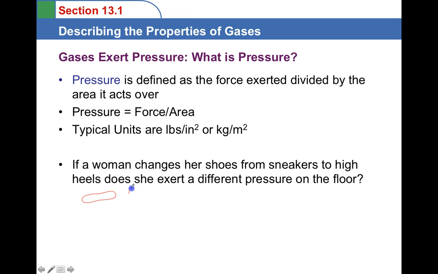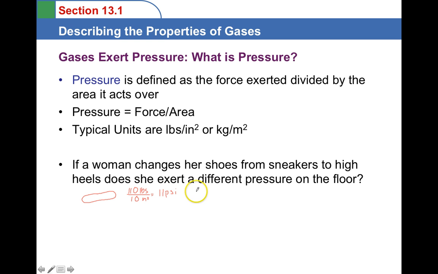If this woman weighs 110 pounds and the surface area she's exerting over is 10 inches squared, that's the surface area of the sneakers, the pressure of her shoes on the floor is 11 psi, pounds per square inch.